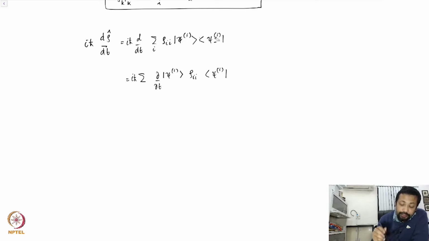The system evolves, so this is the many-particle wave function, and it evolves according to the Hamiltonian. So there will be three terms: the sum over i of del rho i by del t, psi i, psi i, plus psi i, rho i, del psi i by del t.